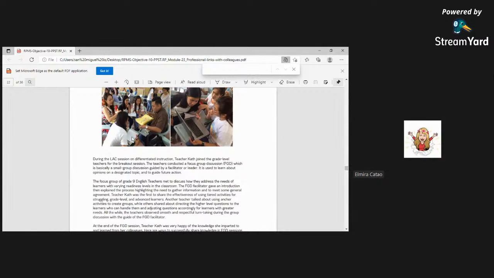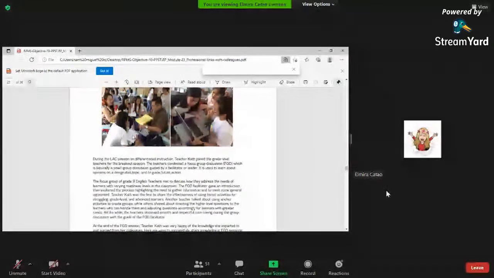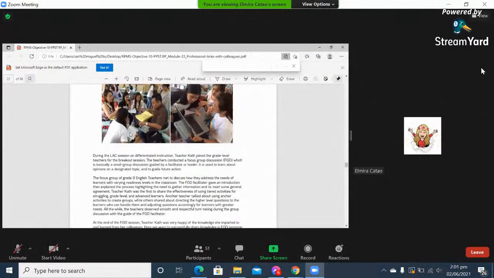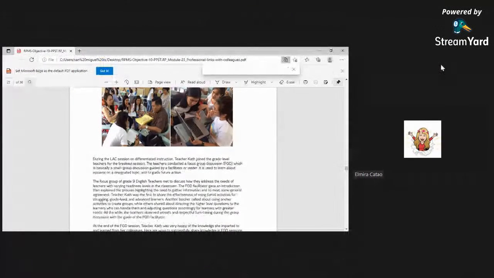Okay, number 2, when given the turn to share opinion, make sure to take some time to think before answering the questions. Try to address all the issues without simply repeating what was already said. So, in FGD, listening is very important, so that there will be no repetitions of questions.